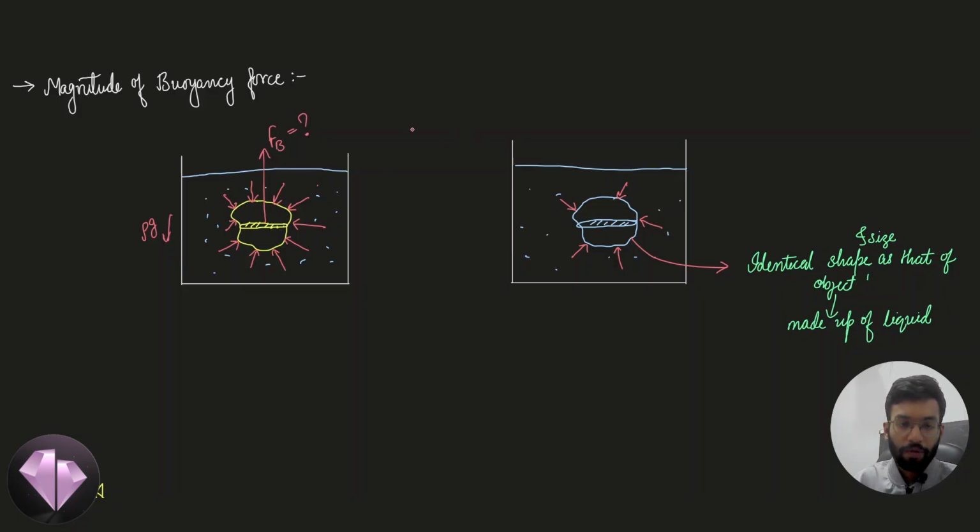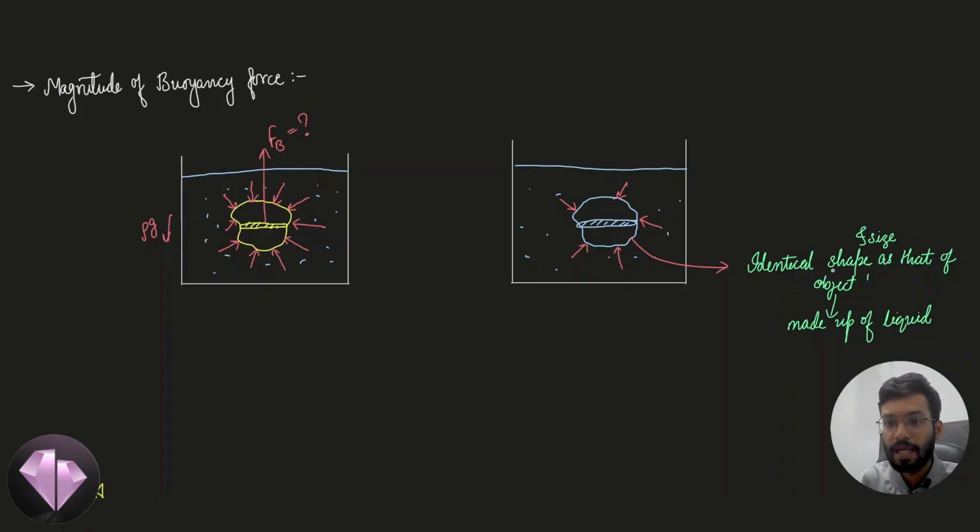Okay, now in order to find that, do one thing. Just remove this object out from the fluid. यहाँ से इसको खाली कर दो, जादू करके इसे यहाँ से गायब कर दो. And instead of that, place a fluid element which has the same shape and size as that of the object.